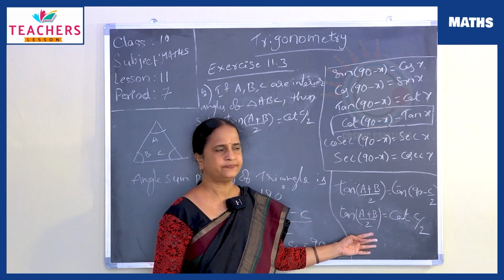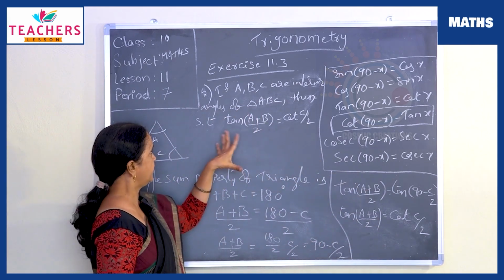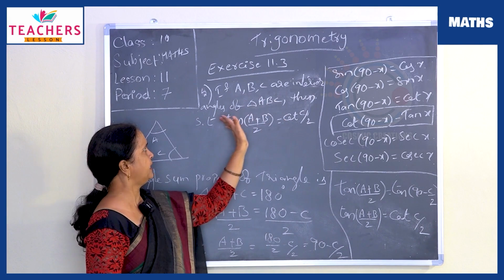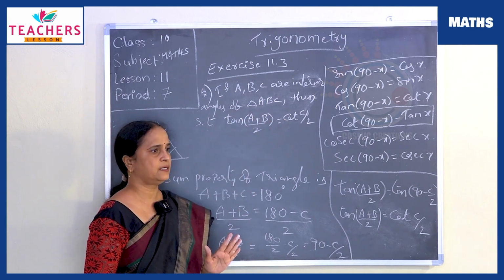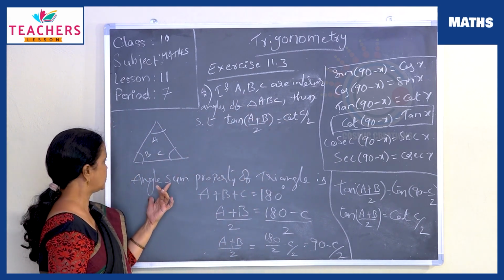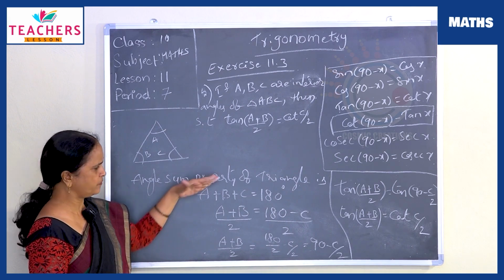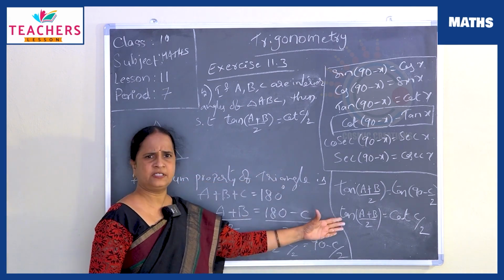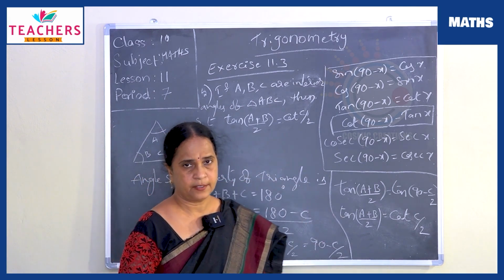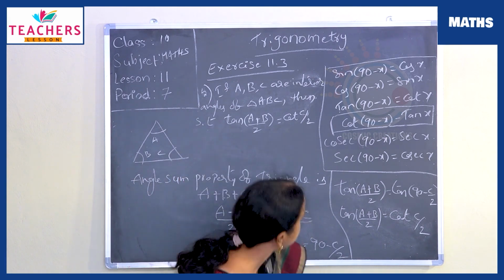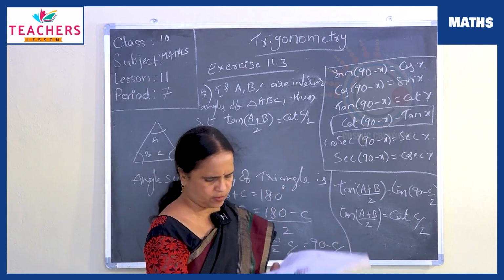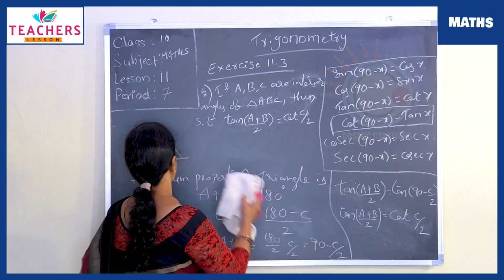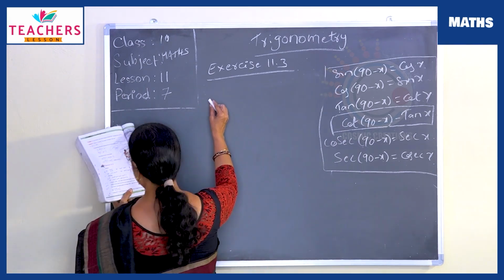How easy! They did not give anything. A, B, C are interior angles of the triangle ABC, so we just have to use the angle sum property. After that we can solve this easily. Now the last one from this exercise, a very easy one, that is the sixth one.